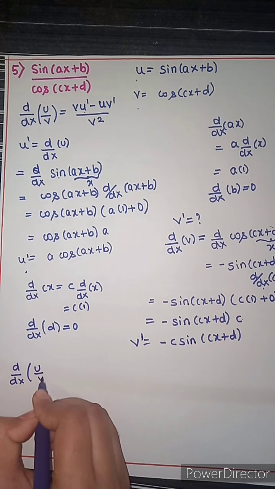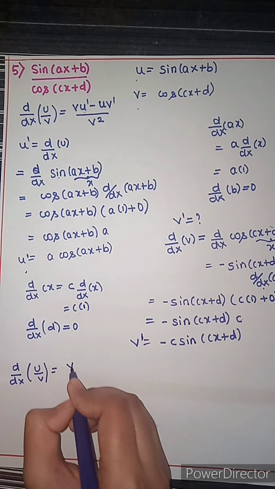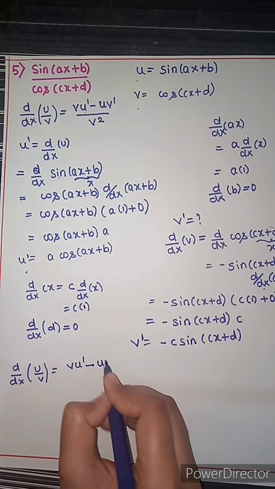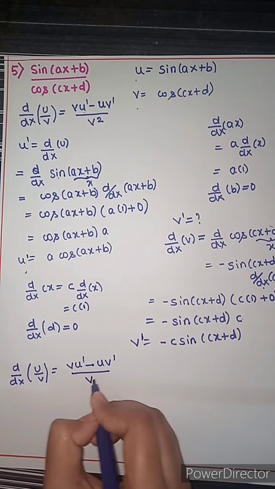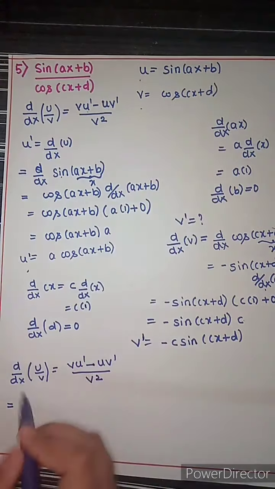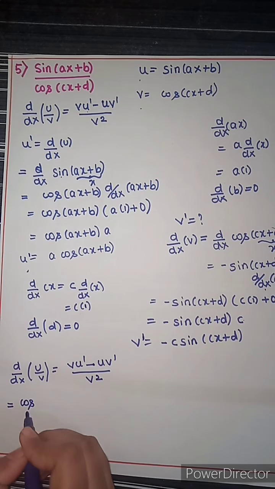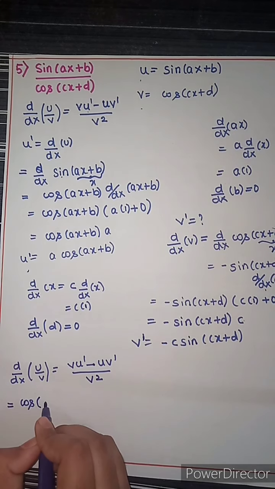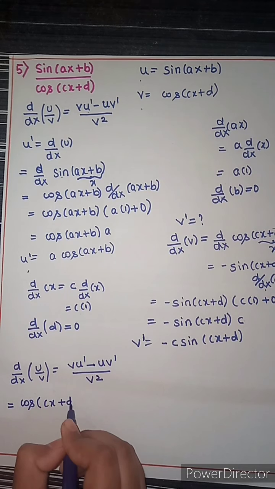Derivative of u by v is vu dash minus uv dash over v square. Now what is v? V is cos of cx plus d.